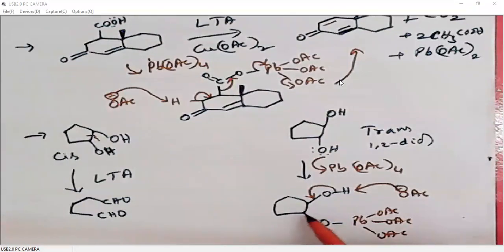Then the carbon-carbon bond will break, so these two bonding electrons are polarized towards carbon-oxygen, another carbon-oxygen. So we will have one more carbonyl. Then the lead-oxygen bonding electrons are polarized towards lead, so lead is reduced from lead 4 to lead 2. So what is the product? The product is the same, right? I'll write it in this case. So the product is the same.